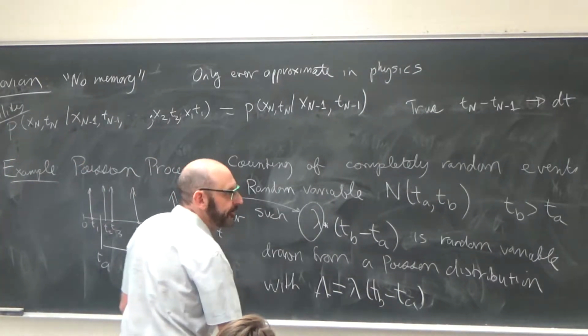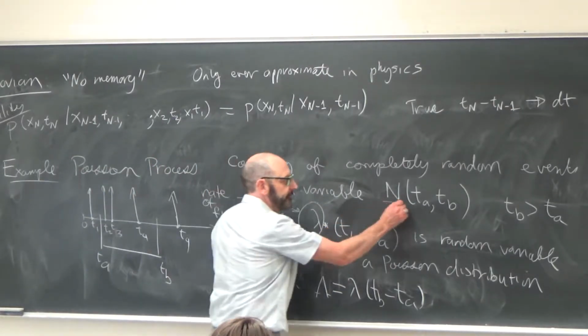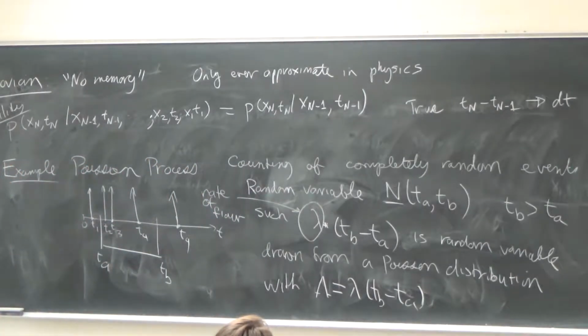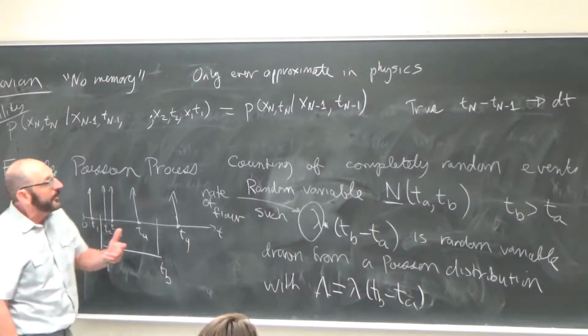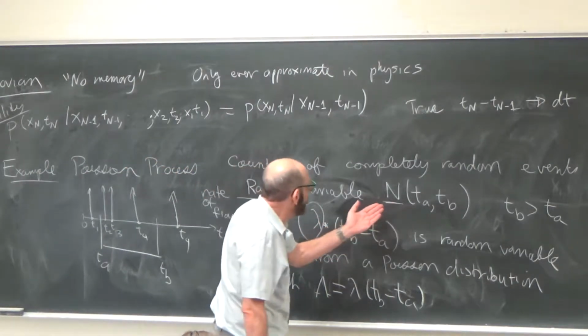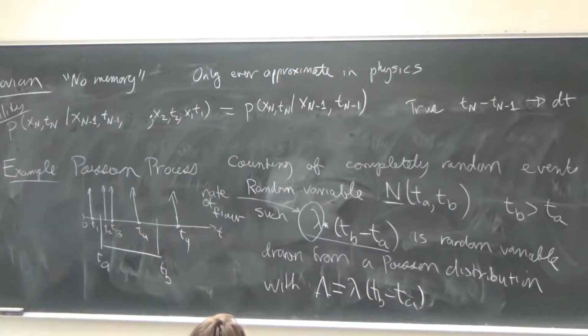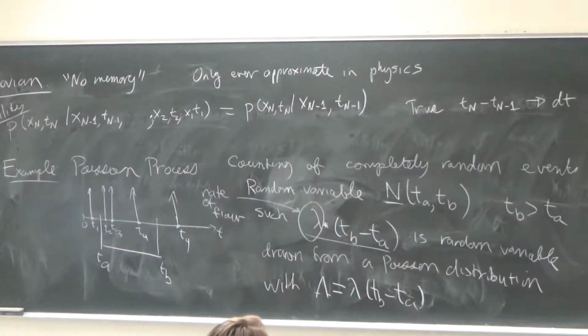And the number of counts that I see is a random variable, and the probability that this is equal to some value n is given by the Poisson distribution with that parameter. So, Poisson processes are extremely important. We're going to see them a lot.